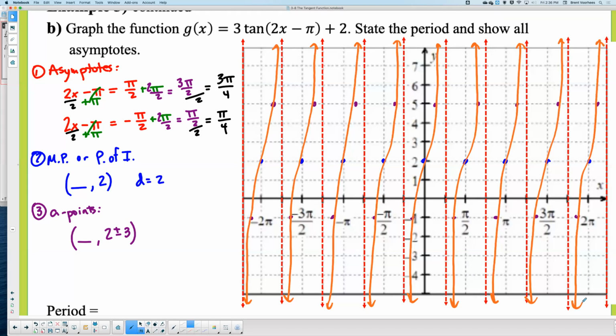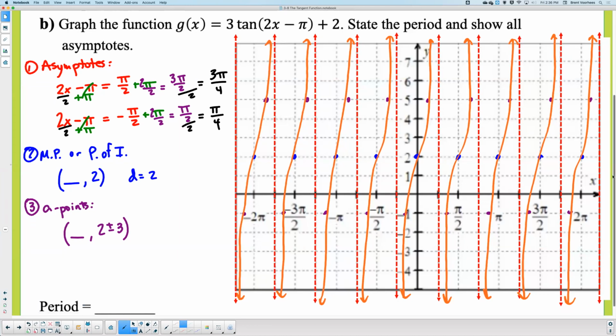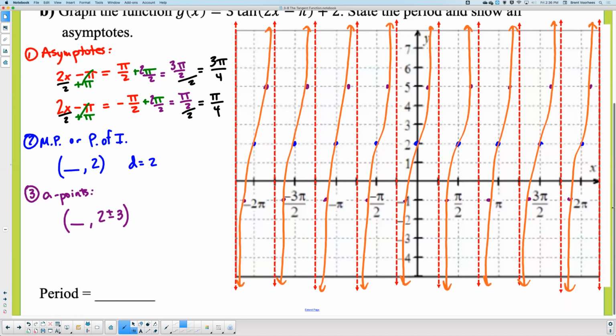All right, let's write in. What's the period here? 1, 2. It's 2 blocks, which is how far on the x-axis? From it to be pi over 2. Very good. And a way mathematically to get that is you take, what is our b value? Our b is 2. And so it would just be pi over 2.